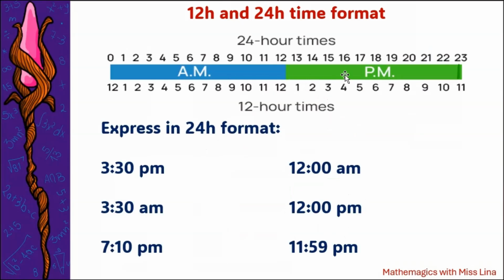So this graph is going to help us to understand those two formats. Here at 0 is the very beginning of the day, which is right after midnight. In the 24 hours format, the hours go from 0 to 23. It doesn't go to 24 because it starts over again at 0.